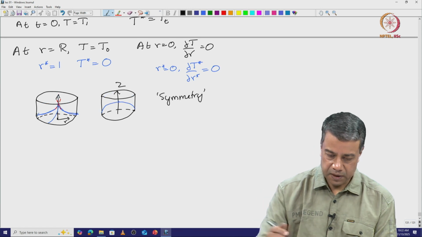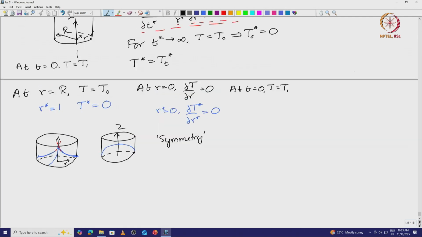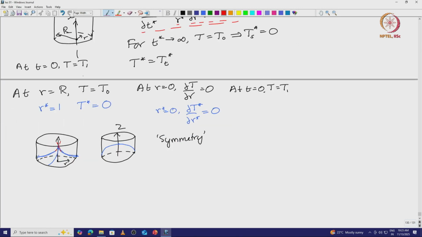And the other condition is that at t is equal to 0, the temperature is T1. At t star equal to 0, T star equals 1.